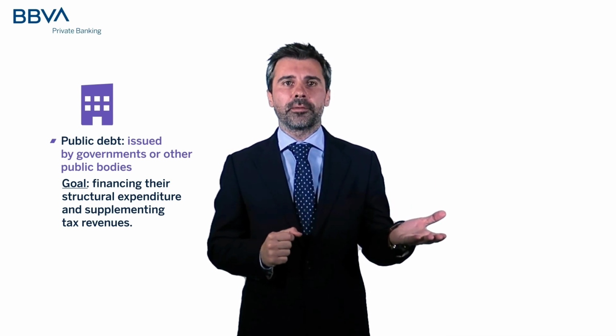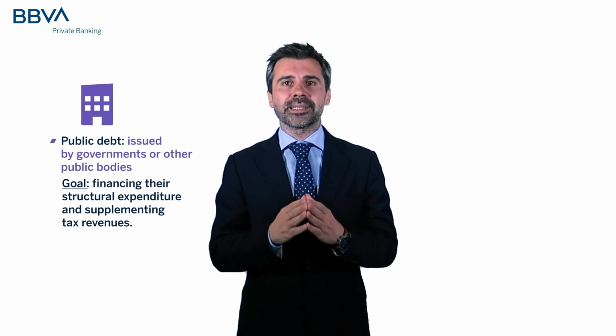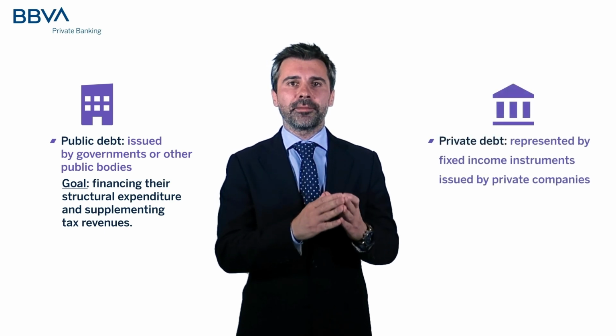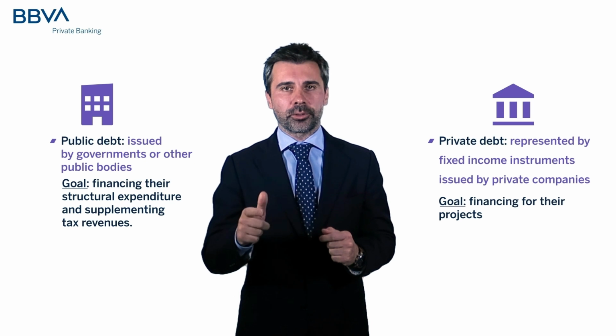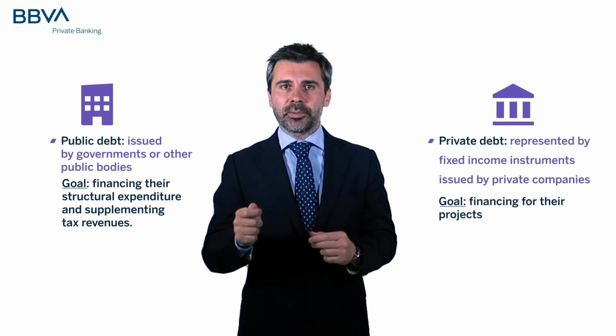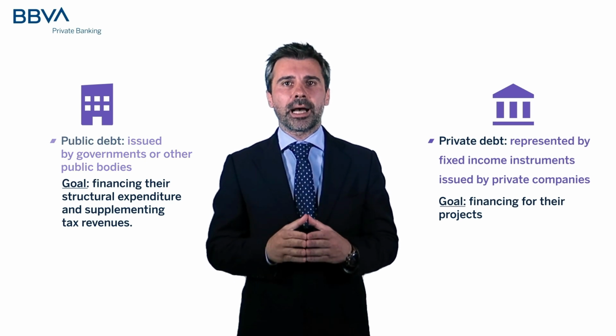On the other side, we have private debt, represented by fixed income instruments issued by private companies that need financing for their projects. At BBVA in Switzerland, we provide our clients with three different approaches to invest in fixed income and take advantage of the opportunity it offers.